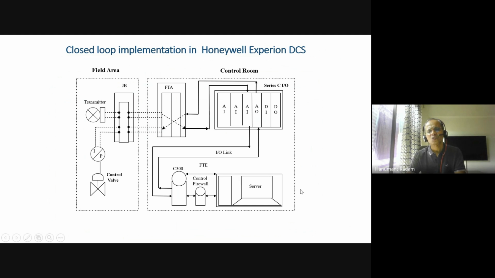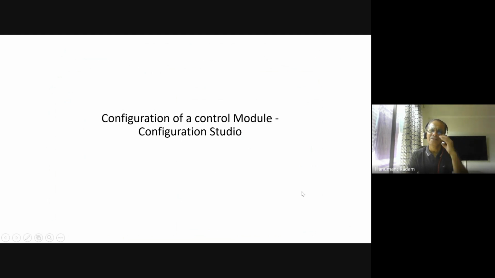There are only two or three slides, but some software is required, and normally you need a standby system or a separate system for training, where you can try these control modules. Normally in the Honeywell training they teach you, then later on you can practice on your standby server, which we call an engineering mode server.